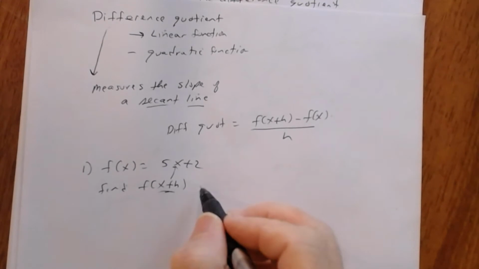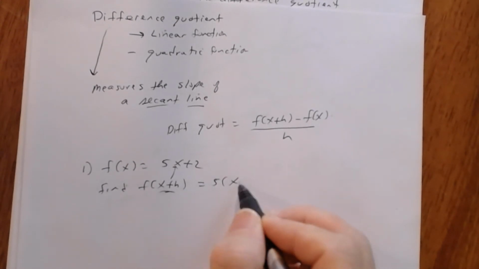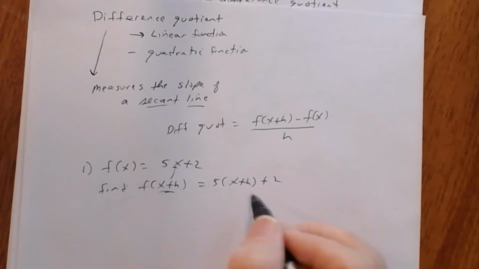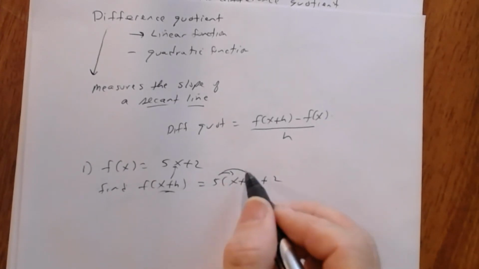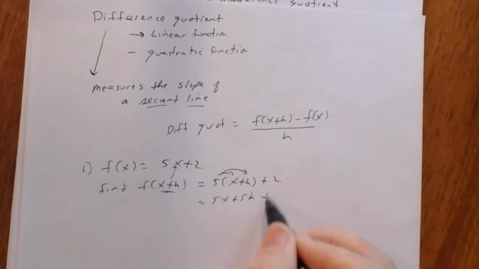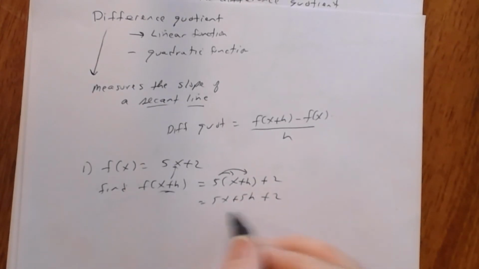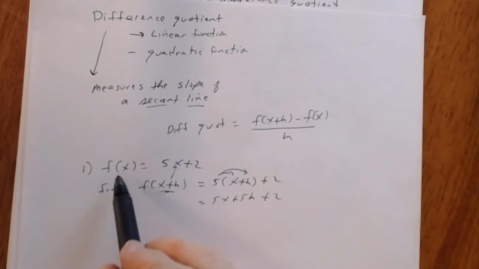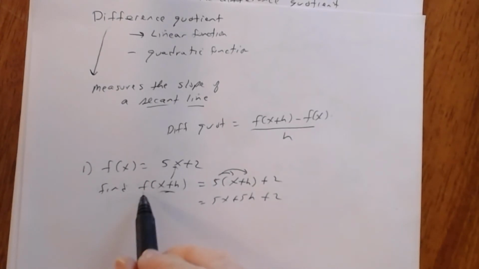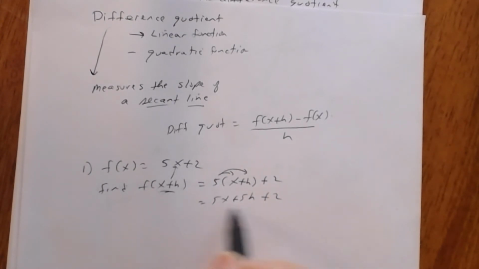So I'm going to get 5 times x plus h plus 2. And then I distribute because you want to get rid of the parentheses and combine like terms. So I'm going to get 5x plus 5h plus 2. And that's all you can do because these are not like terms. So if f of x is this linear function, then f of x plus h is this.